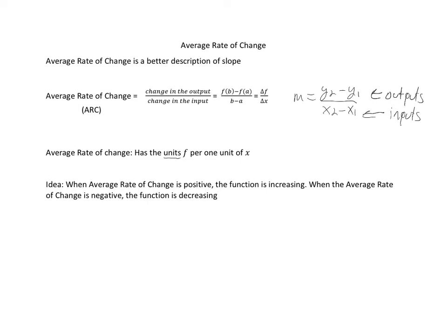And so the idea is that when the average rate of change is positive, the function is increasing, right? If you have some sort of positive slope, then the function is increasing. But if you have some sort of negative slope, the function would be decreasing.